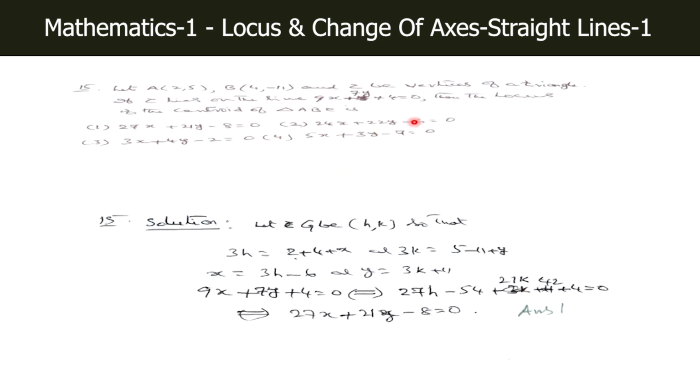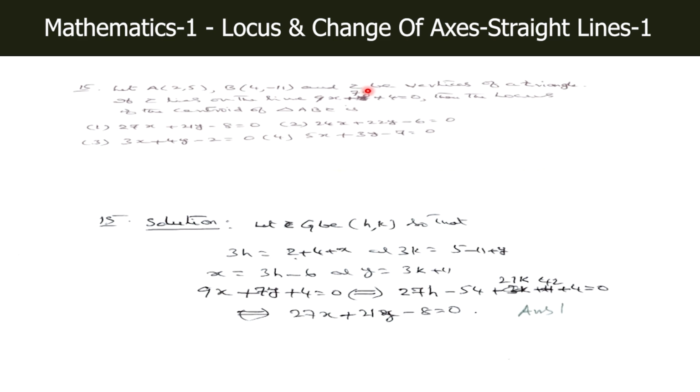Now, as per the formula for the centroid, if (h, k) is the centroid, then 3h is equal to 2 plus 4 plus x, and 3k is equal to 5 minus 11 plus y. So, x is equal to 3h minus 6, y is equal to 3k plus 4. Because C lies on the line x plus 7y plus 4 equal to 0, substitute these x and y values in the equation.